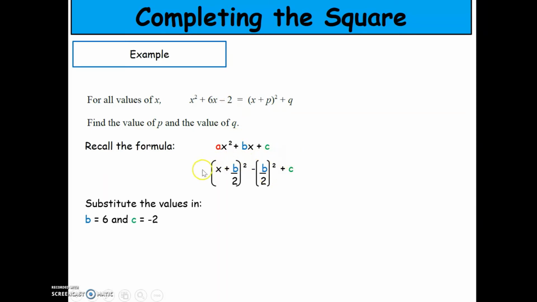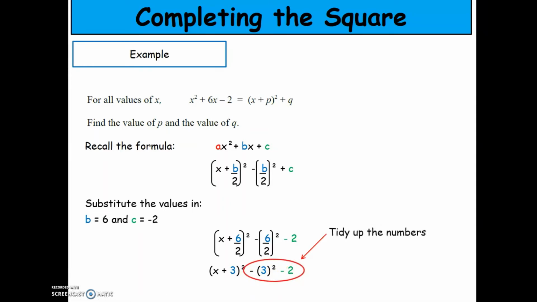Now I'm going to substitute them into the formula. I'm going to half the coefficient of x, which is b, and square that, minus the constant, minus 2. So half of 6 is equal to 3. So I have x plus 3, everything squared, minus 3 squared, minus 2.